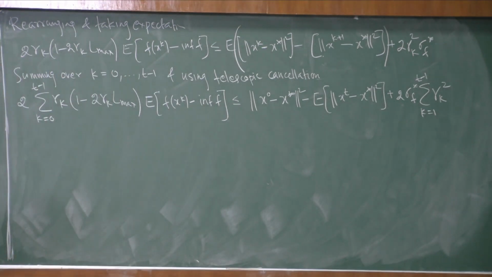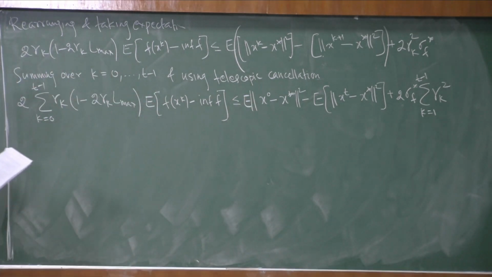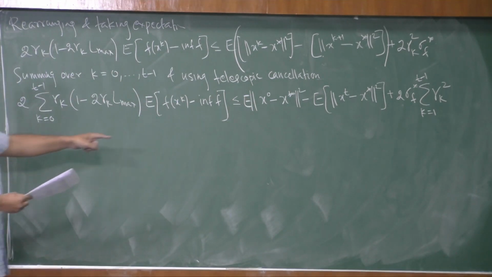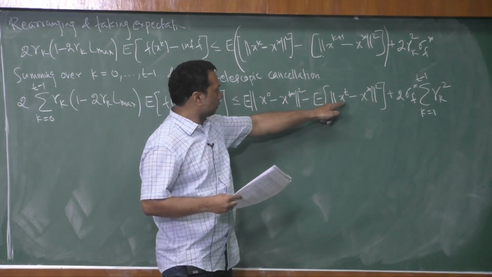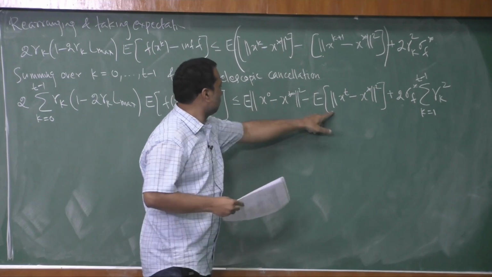As you have seen, cancellations have happened. I have missed an expectation here, and the only two terms that now remain, there is still a t term. We are supposed to get rid of that in the bound. But we have this lot of cancellation, and now we are left with this.